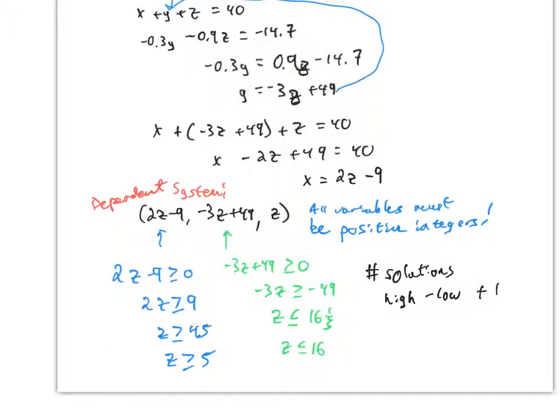So in that case, I'm going to do 16 minus 5, and then add 1 to that, and that's going to give me a grand total of 12 solutions to this problem. Now, I could list all of them out, and that would be kind of painful to do, but we'll do that here just for a couple of examples on the next page.